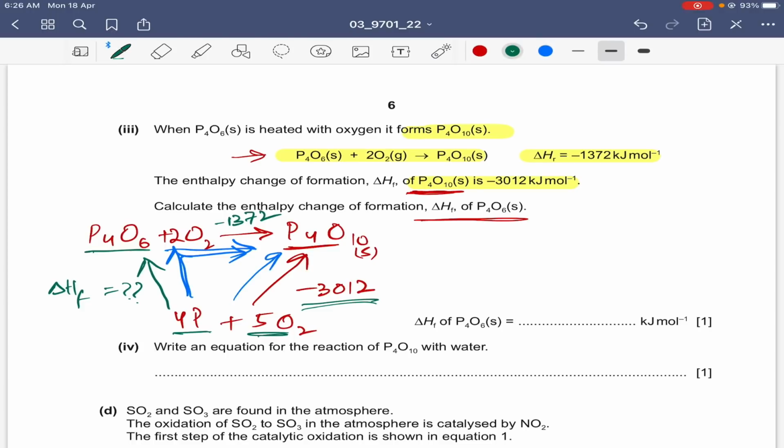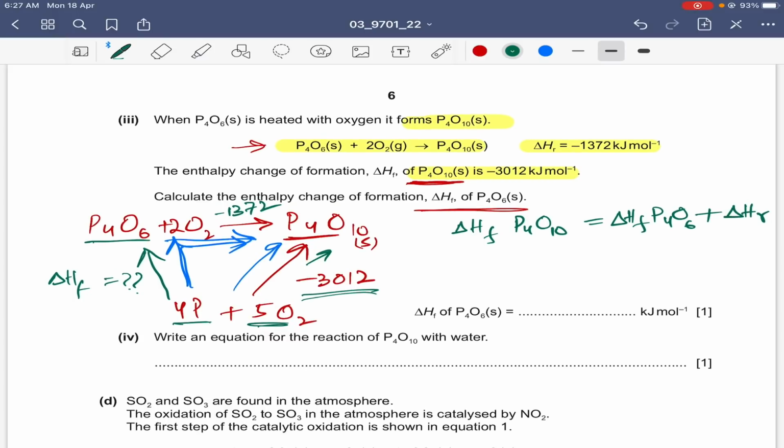Now let's write the equation. So delta H formation of P4O10 would be equal to delta H formation of P4O6 plus delta HR. Okay, so the formation of P4O10 is -3012, which is equal to formation of P4O6, this we have to find out, plus the delta HR, which is -1372.